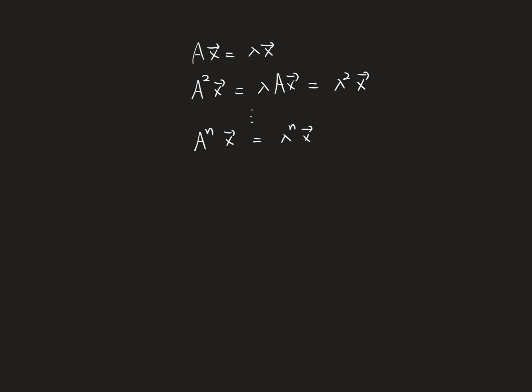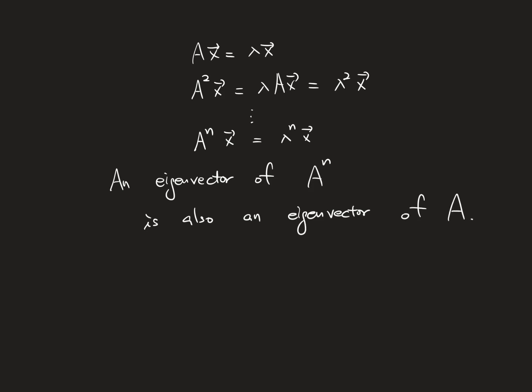So, for example, an eigenvector of A to the n is also an eigenvector of A. The eigenvector does not change for A to the n, but the eigenvalue changes to lambda to the n.